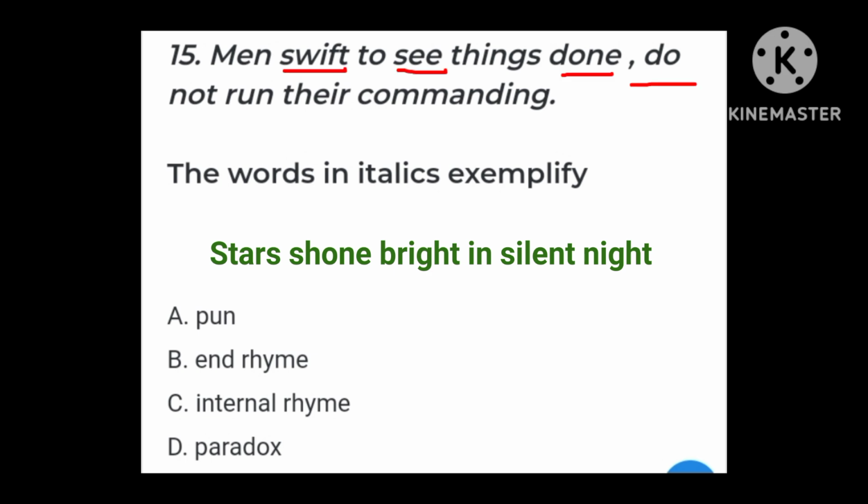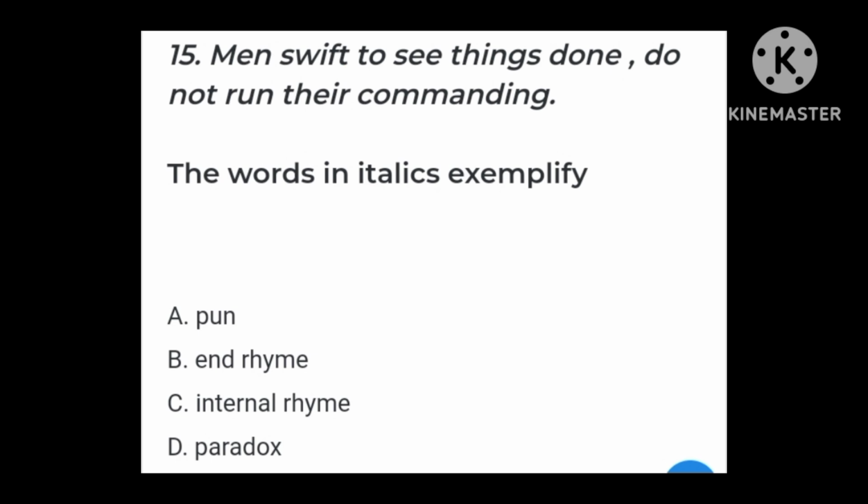The next option is paradox. Paradox is a statement of fact or truth, which on the face of it may look contradictory, untrue, or even absurd. The focal point of a paradox is to attract attention, a clear emphasis. A good example of paradox is, the egg is the father of the cock.